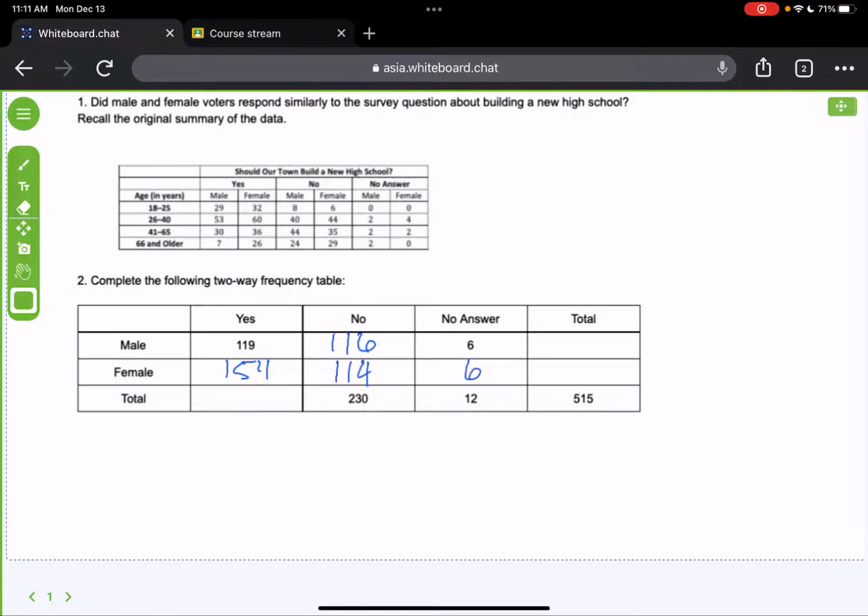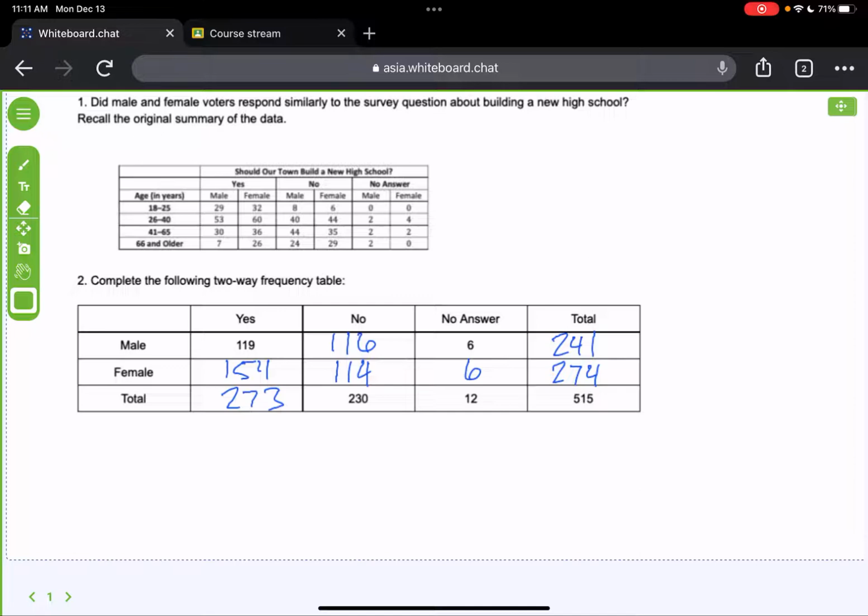And that would give us a total of 241 here, 274 here. And if you add these up, you would get 273. Now, for males, there was 119 to females' 154 yes votes.